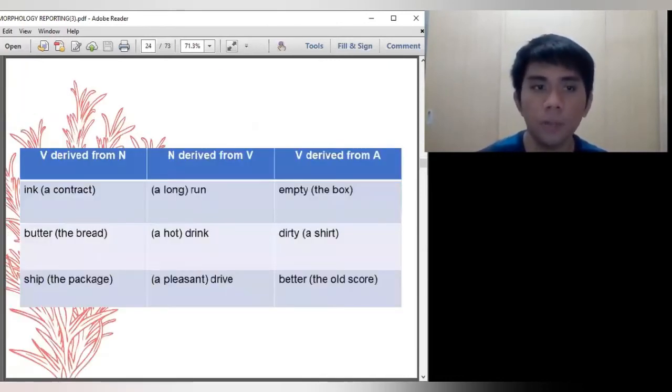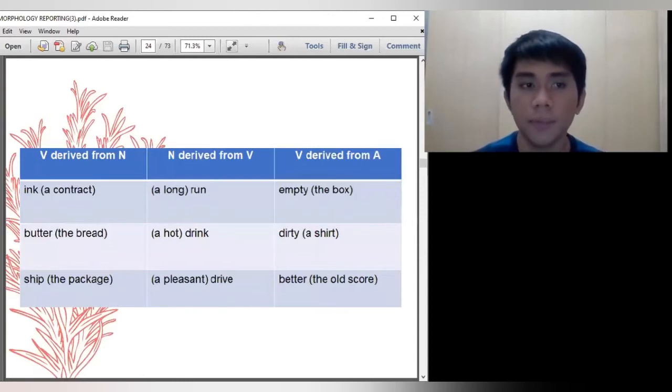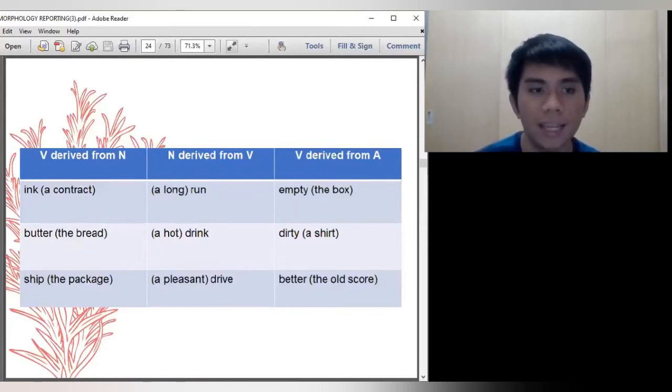For example, we have here verbs that are derived from nouns. Originally, ink, butter, and ship are nouns, but we can use them now as verbs. Ink a contract, butter the bread, ship the package. They now function as verbs.